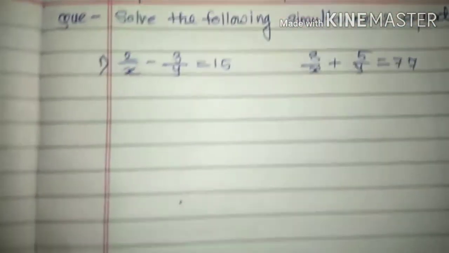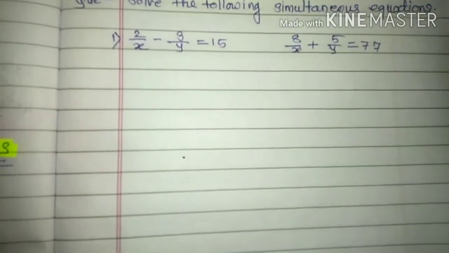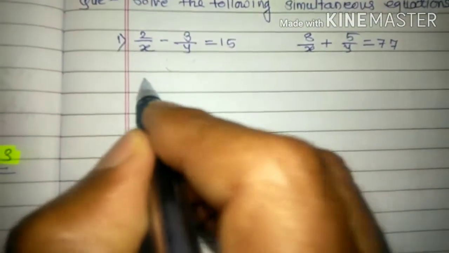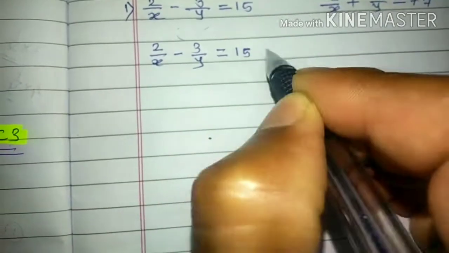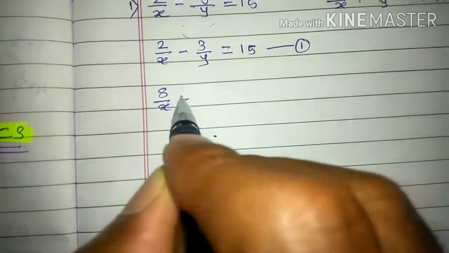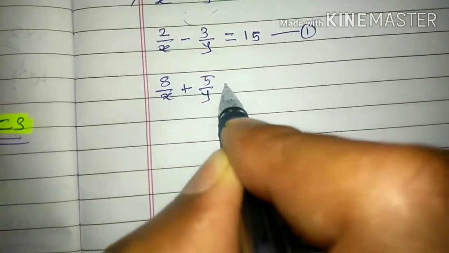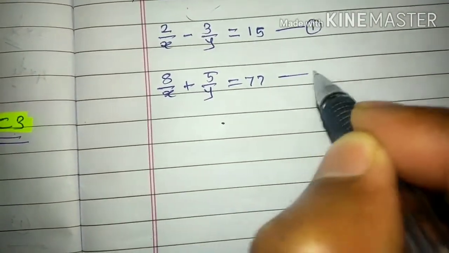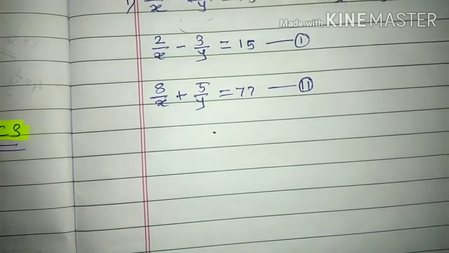Now in this equation, how to solve? 2 upon x minus 3 upon y is equal to 15, this is equation 1. Then 8 upon x plus 5 upon y is equal to 77, this is equation number 2.